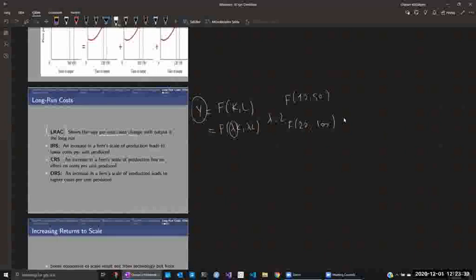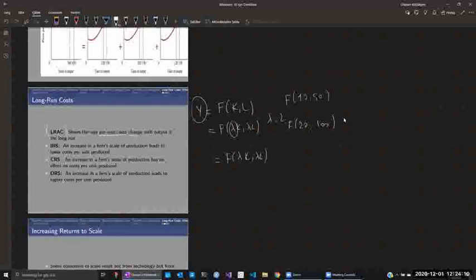So first, when I increase the production by lambda, then my costs might decrease because of this increase in the scale, so that I produce in a different scale now, right? Increasing scale means that I use all of the factors proportionally with a higher amount, and what happens to my long-run cost is my concern.